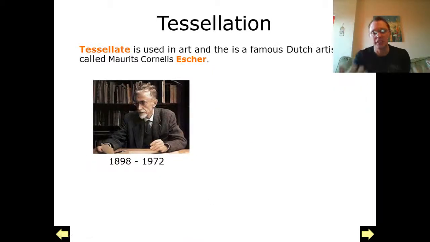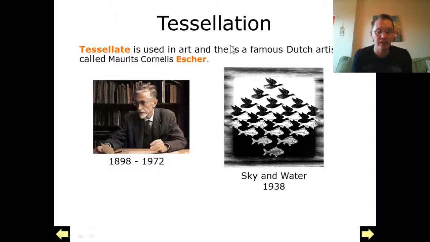So just a tiny bit of background: tessellation was used a lot in art. One of the most famous is a chap called Escher, who created a lot of stunning images over the years using tessellation. As you can see here, the picture of the duck or the bird, and the pictures of the fish.